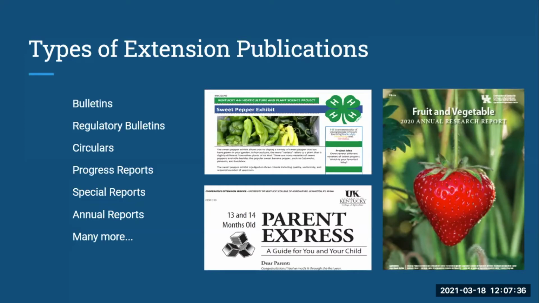And then a few special reports based on extension and research work on things like good accounting software to use for your farm and just various best practices that are beneficial to the public.